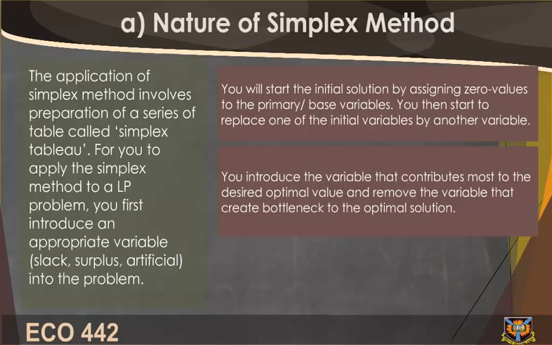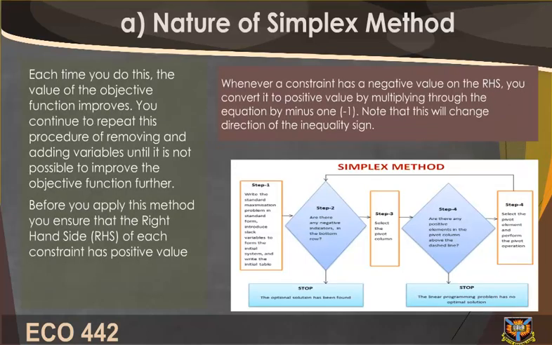You then start to replace one of the initial variables by another variable. You introduce the variable that contributes most to the desired optimal value and remove the variable that creates a bottleneck to the optimal solution. Each time you do this, the value of the objective function improves.